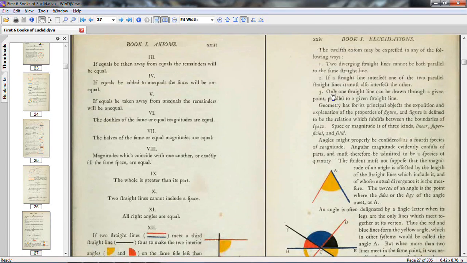And apparently this can be reworded in the following ways. The 12th axiom can be expressed as well in the following ways. Two diverging straight lines cannot be both parallel to the same straight line.